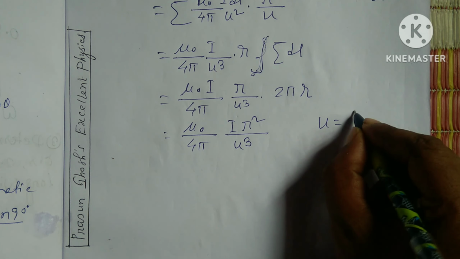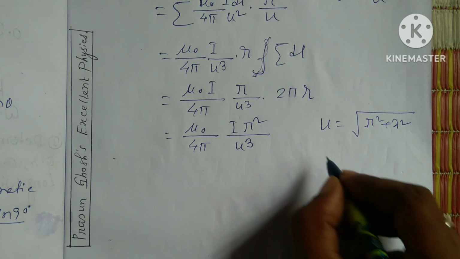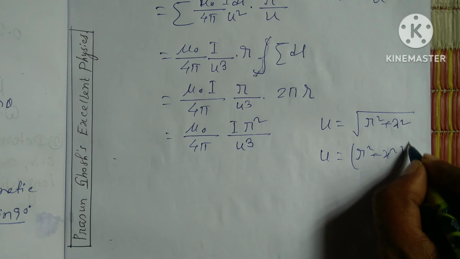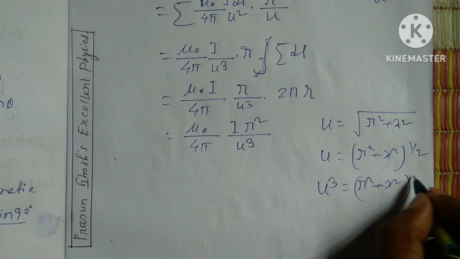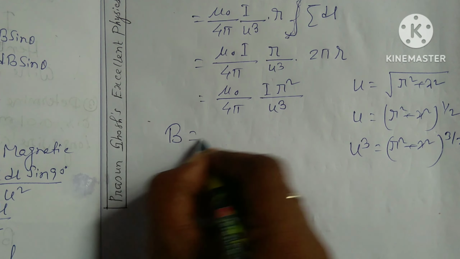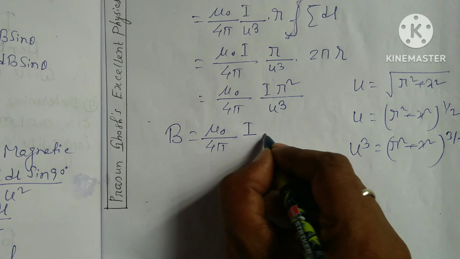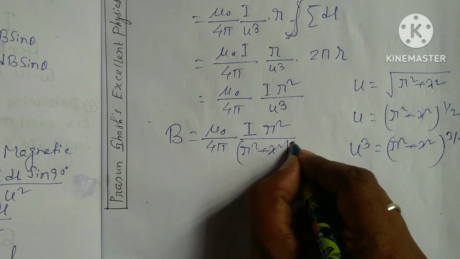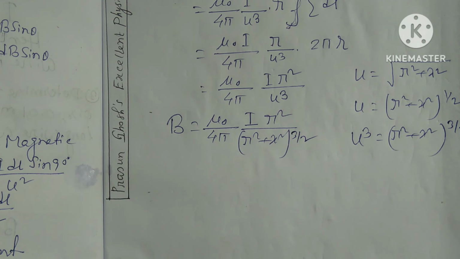So u is root over r square plus x square, so u equal to r square plus x square to the power half. So r square plus x square to the power 3 by 2 is the value of u cube. So B equal to mu 0 by 4 pi into 2 pi I r square by r square plus x square to the power 3 by 2. So this is the value.